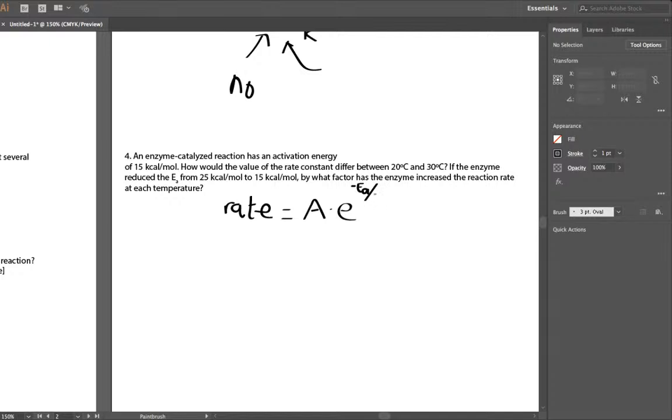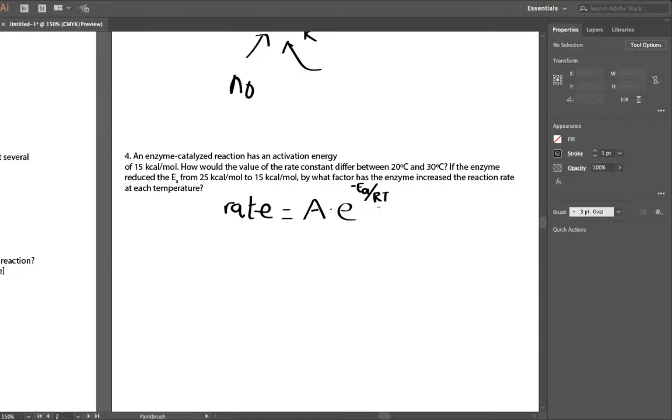No, wait, should I use KB instead of the other guy? Let's see. I forgot a little bit of the unit, joules per mole. So instead of using KB, the Boltzmann constant, we will use R, the ideal gas constant, because in here we are using moles.